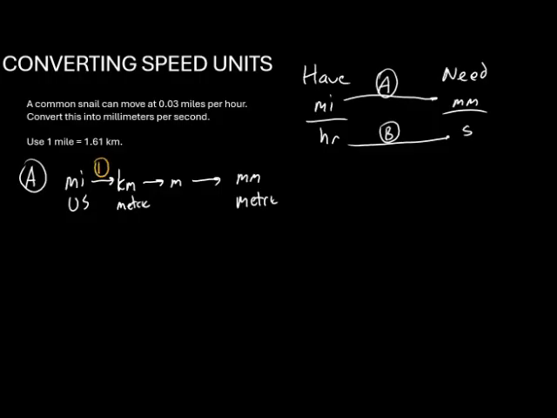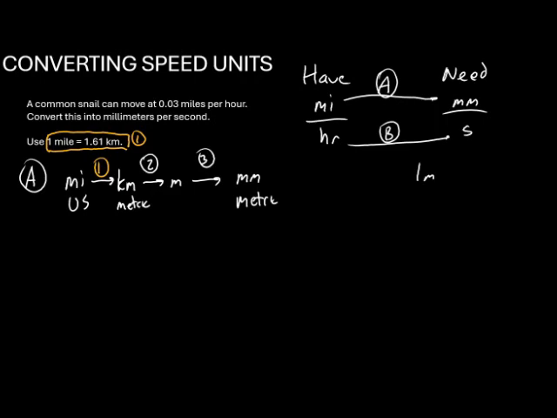The first conversion will be miles to kilometers, using this information that I'm going to box in yellow. I'll label that as a 1. The second step will be kilometers to meters, which I'll label as step 2. And the third step will be meters to millimeters, which I'll label as step 3. Let's remind ourselves of our unit conversions in the metric system.